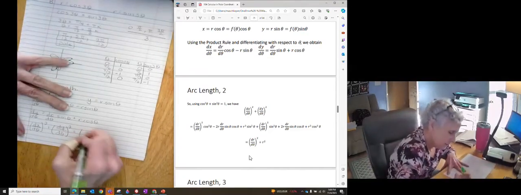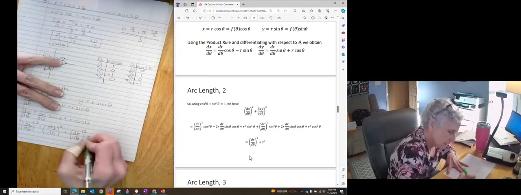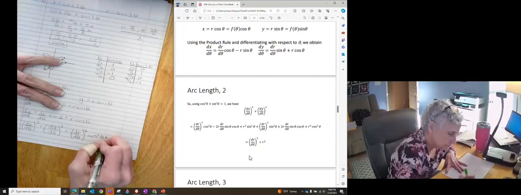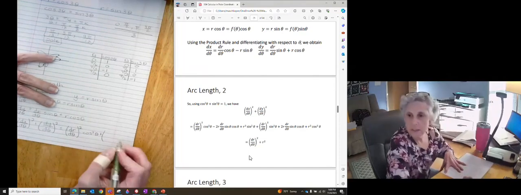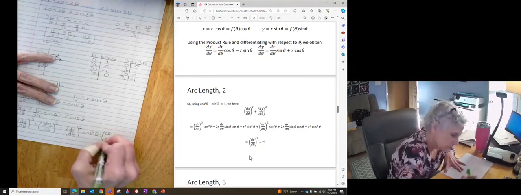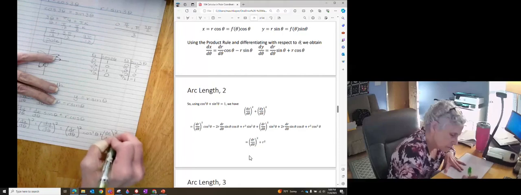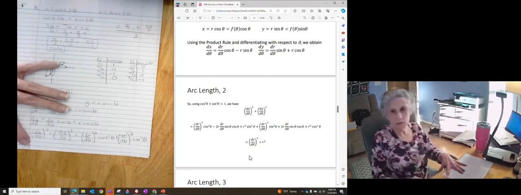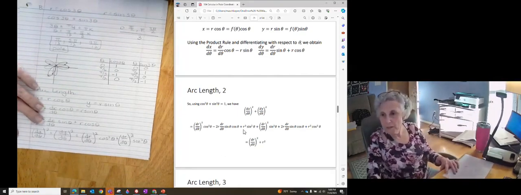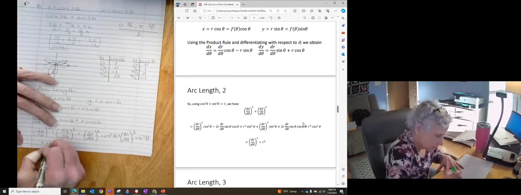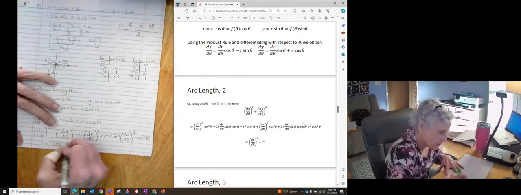So I have (dr/dθ) squared times cosine squared theta plus (dr/dθ) squared times sine squared theta. I also have r squared sine squared theta and r squared cosine squared theta.